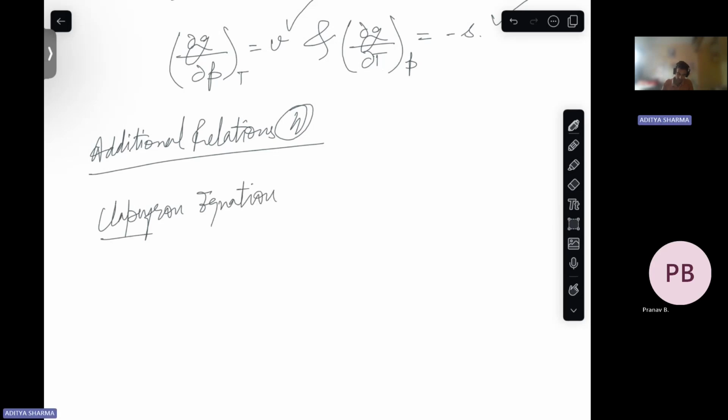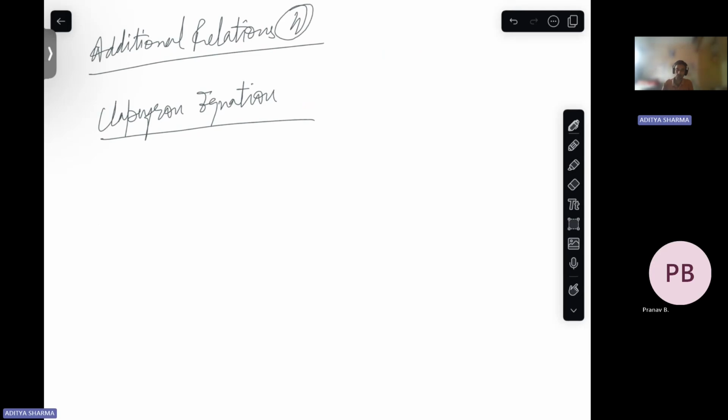So under this heading, first we saw phase change processes, right? Relations for phase change processes. So this basically is a TdS equation using which we will define our phase change process, right?